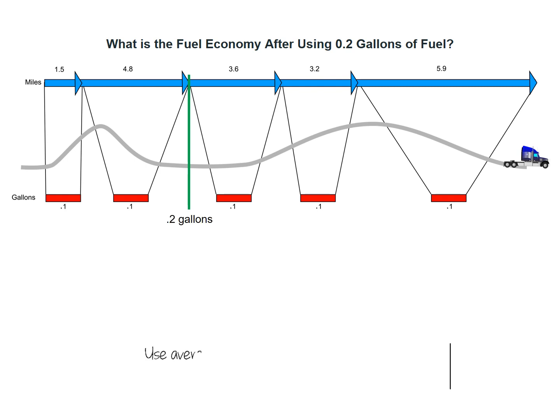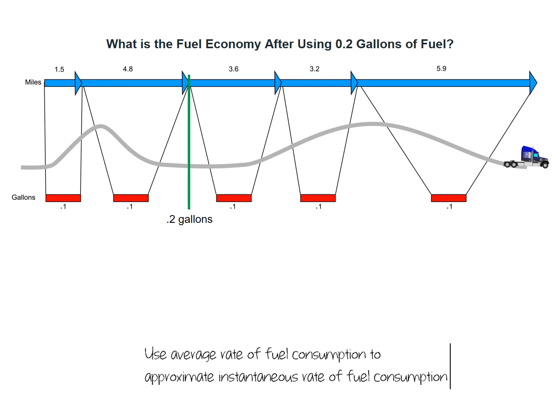The general method is to use an average rate of change over an interval to approximate the instantaneous rate, right at 0.2 of a gallon. In this case, we'll use an average rate of fuel consumption over an interval of time to approximate the instantaneous rate.